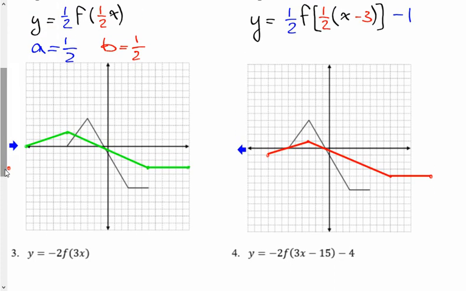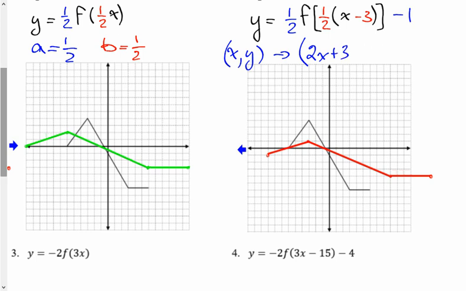Yes, Nazifa. Mapping notation. Excellent question. So for mapping notation, I'd say x, y. My x's are all doubled. So 2x, and they move to the right, so plus 3.